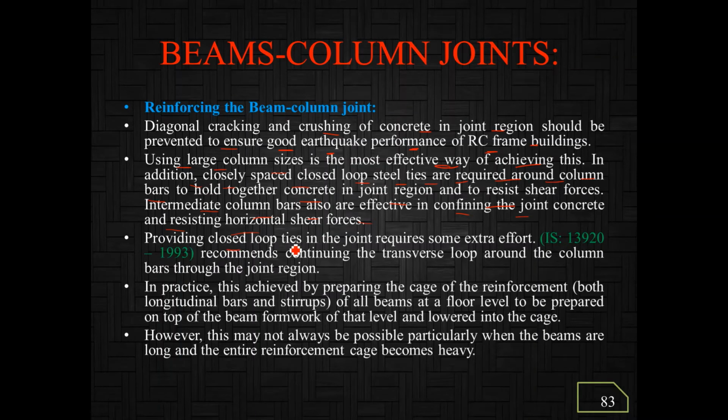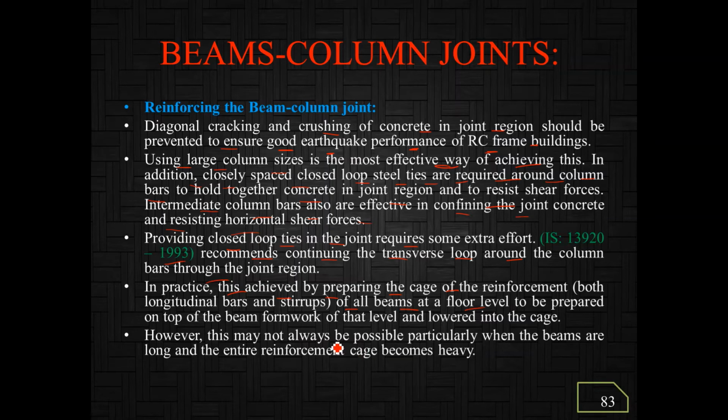Providing closed loop ties in the joint requires some extra effort. IS 13920:1993 recommends continuing the transverse loops around the column bars through the joint region. In practice, this is achieved by preparing a cage of the reinforcement of all beams at the floor level, placing it on top of the beam formwork, and lowering it into position.